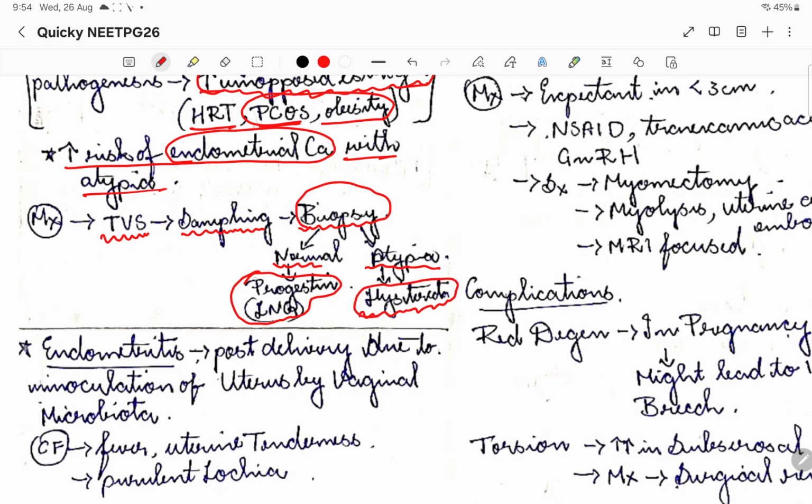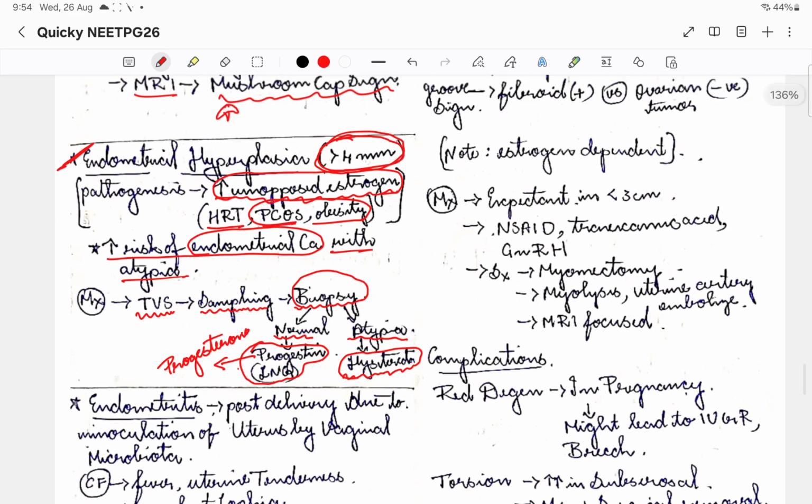Basically we give progesterone, trying to shed all the endometrial layer that was present in the uterus. Progesterone withdrawal will happen after a certain while, and that is when the shedding of the uterus will happen. This is how we'll treat endometrial hyperplasia.